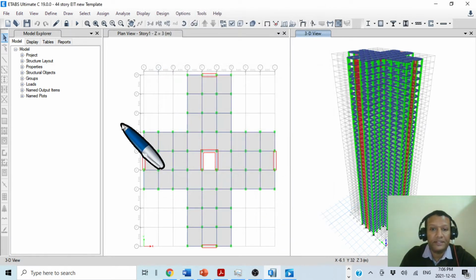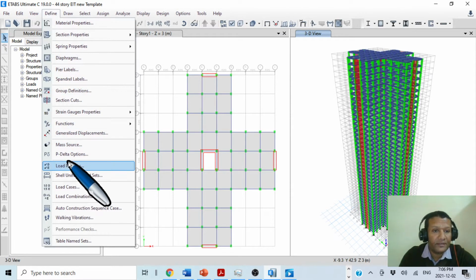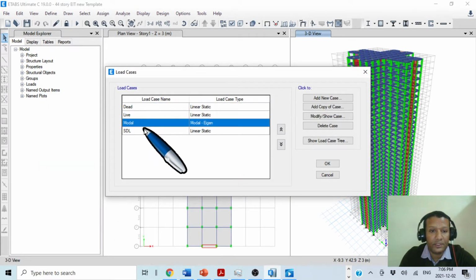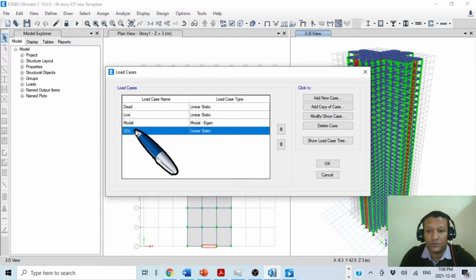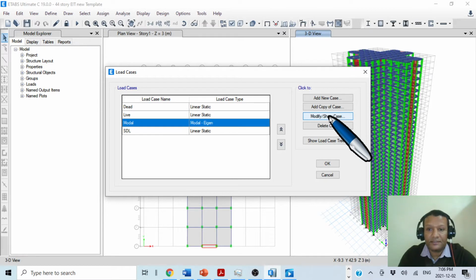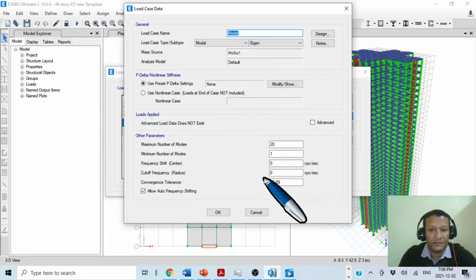Material properties for the 44-story and 100-story buildings are already defined. For load cases, we have dead load, live load, modal, and also imposed load. For modal analysis, I assigned 20 as the maximum number of modes.